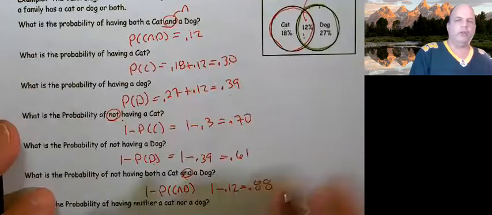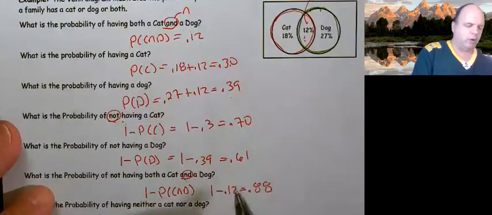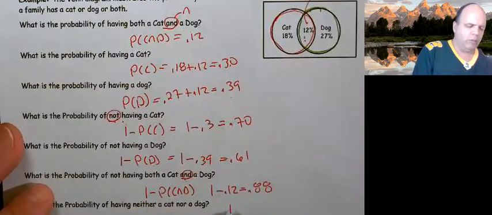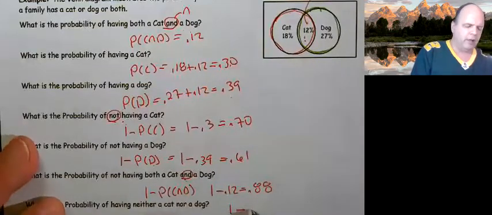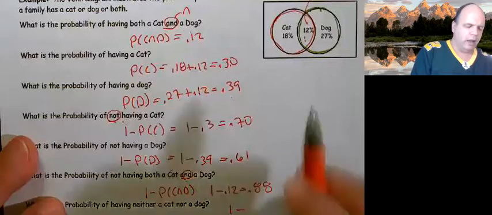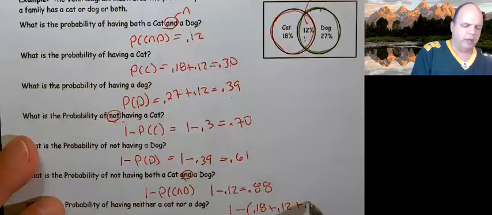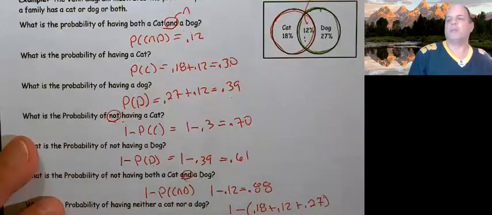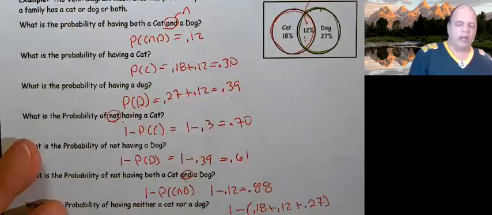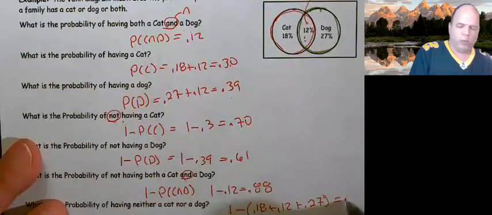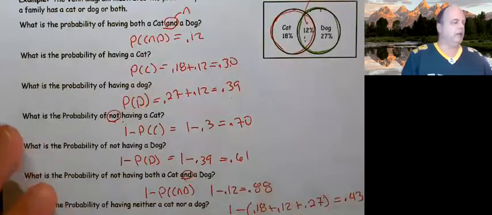All right, so at this point, I can't have a cat or a dog. So this is going to be 1 minus the probability of a cat only, which is 0.18, plus the probability of both, plus the probability of a dog only, which in this case means my answer is 0.43.